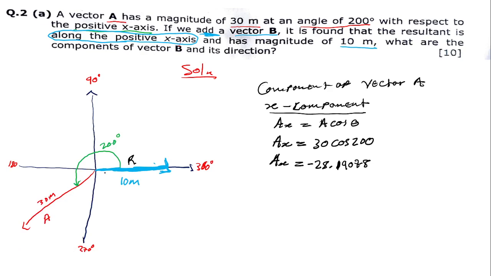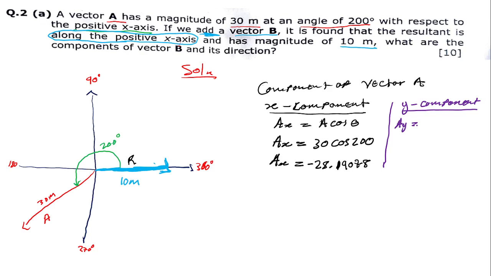So with us knowing the x component, we can now quickly look at the y component of this vector. The y component, you are going to say Ay is simply equal to A sine theta.